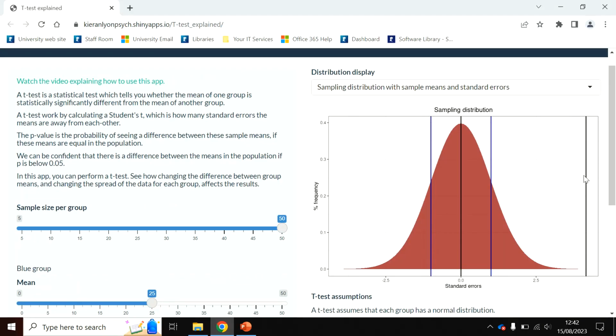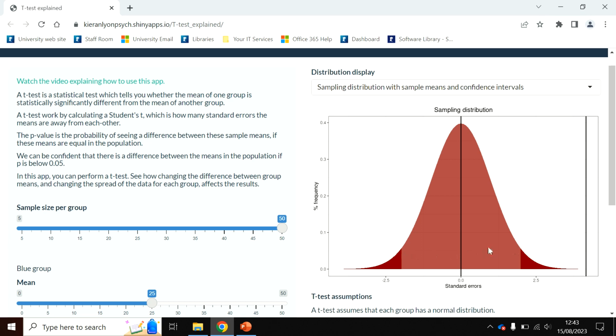And so the t-statistic is how many standard errors the means are away from each other, because this gap here is the difference between the means. Now, what we can also do is look at the confidence interval that you would have learned about from the confidence interval discussion in inferential statistics in that toolkit, that 95% of our sample means, if they come from the same population, will be within this range here.